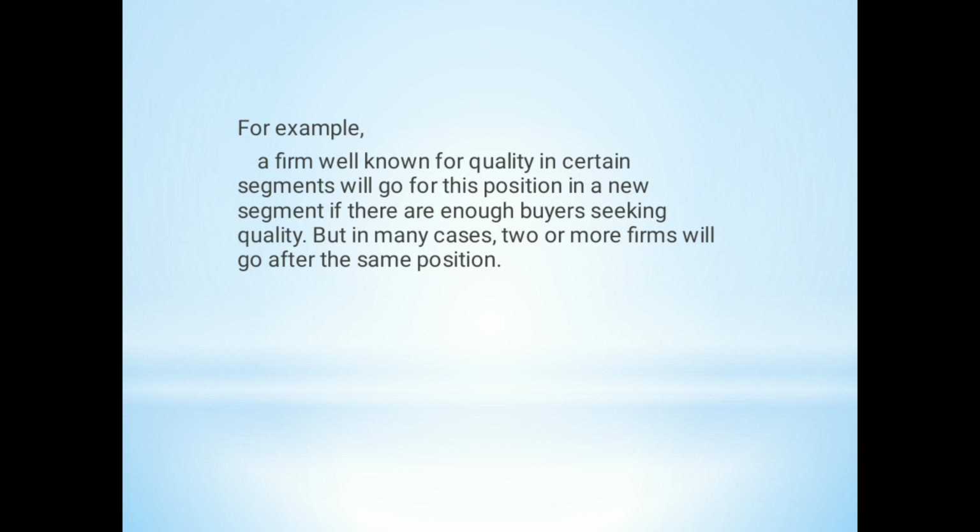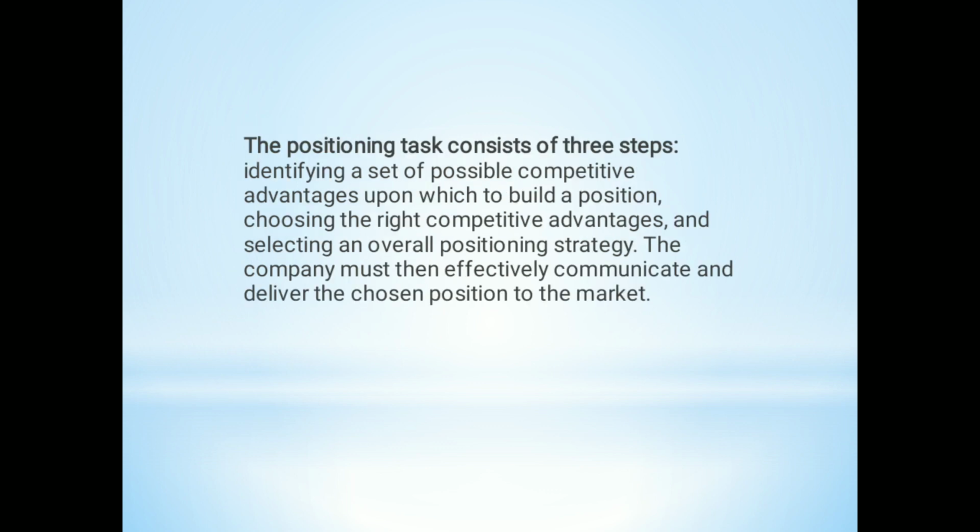For example, a firm well known for quality in certain segments will go for this position in a new segment if there are enough buyers seeking quality, but in many cases two or more firms will go after the same position. The positioning task consists of three steps: identify a set of possible competitive advantages upon which to build a position, choose the right competitive advantages, and select an overall positioning strategy.